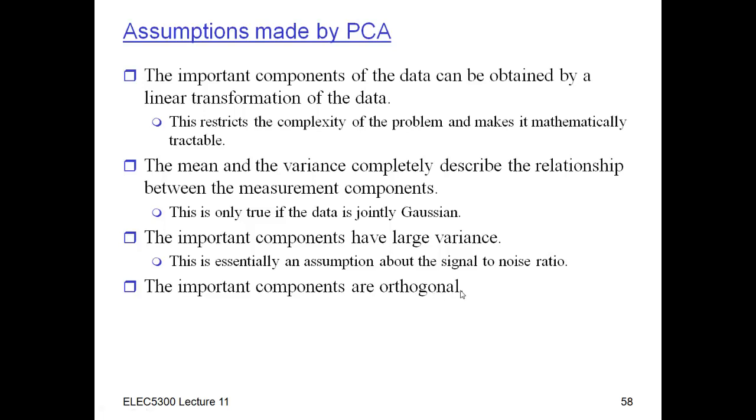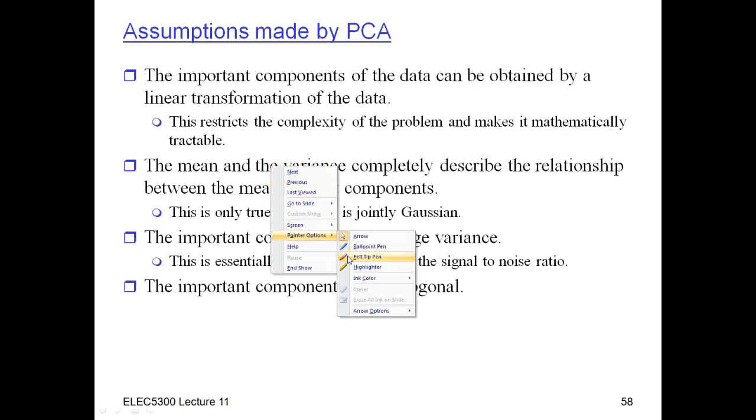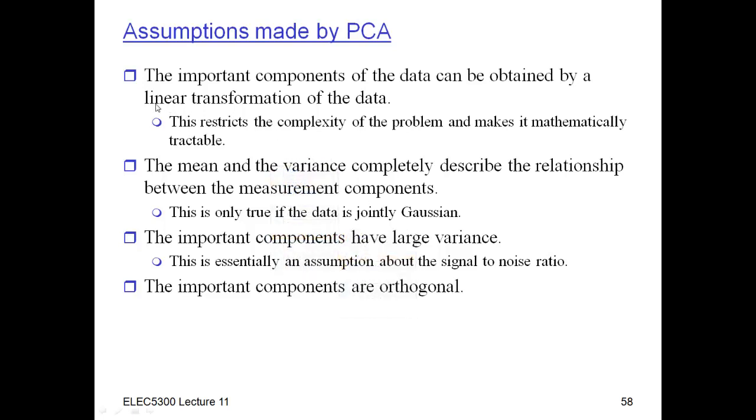Finally, what I'd like to do is simply review the basic assumptions made by PCA. Right? So the first thing that's important to remember when we're dealing with PCA is that this is a linear transformation, right?